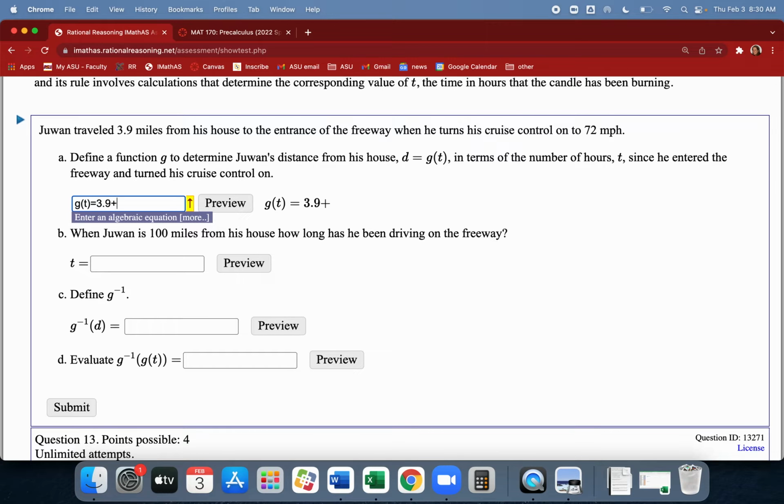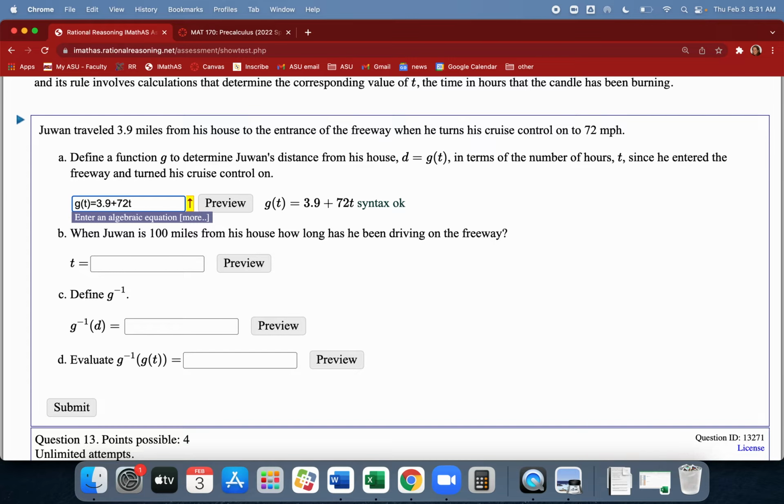And then he goes 72 miles an hour for every hour past that, past when he got on the highway. 72 miles added for every hour he's on the highway because he's driving 72 miles an hour, or whatever speed it is that you have him in your question.